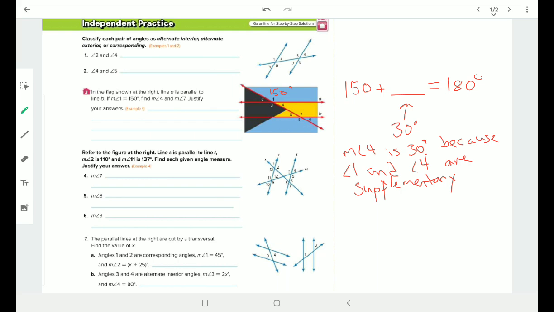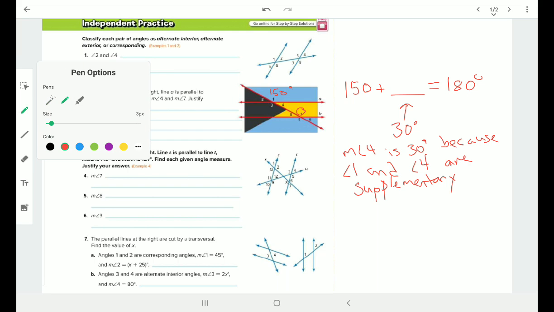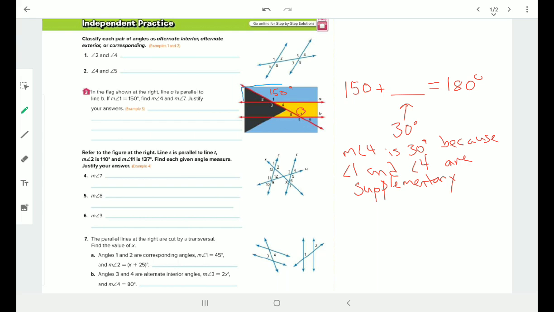And angle 7, if we notice 1 and 7, right? If I were to pick this side up right here and move it, angle 1 and angle 7 would fall right on top of each other. So that means angle 1 and angle 7 are corresponding angles.